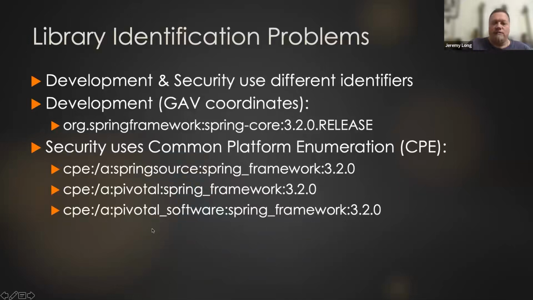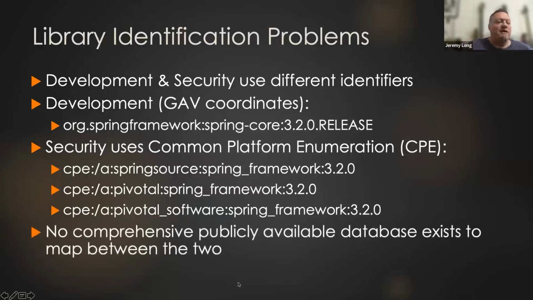And even within the 3.2.0 range, Pivotal even had two different names in the NVD data for the same Spring framework. Now, there's no comprehensive publicly available database to map between these two. And so, I had to come up with a way of how do we match these.